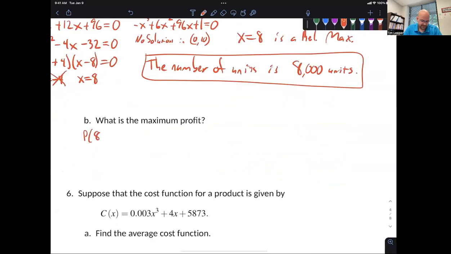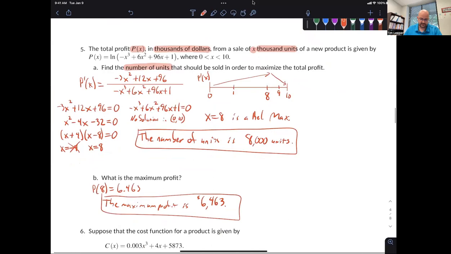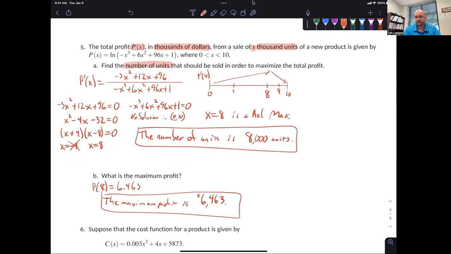Since p of 8 is equal to 6.463, that tells me that the maximum profit is $6,463, because you just take that and multiply by 1,000. Outstanding. And there you go. That is example 5 for review 3. Have fun.